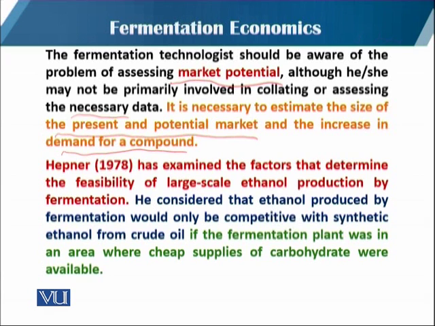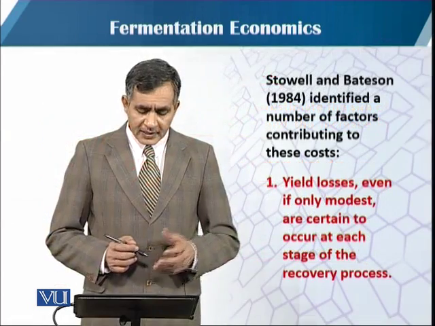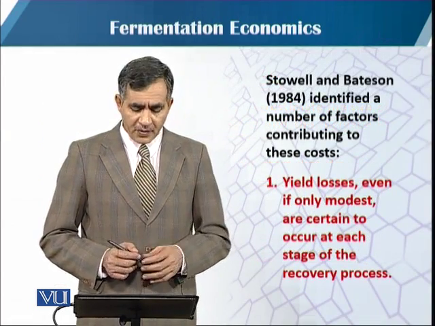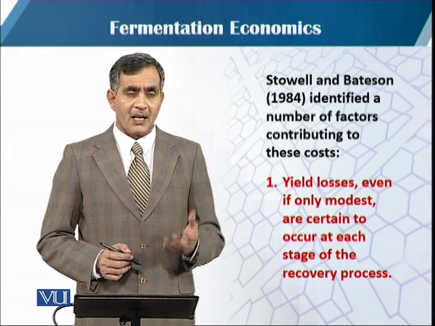Hepler in 1978 examined the factors that determined the feasibility of large-scale ethanol production by fermentation. He considered that ethanol produced by fermentation would only be competitive with synthetic ethanol from crude oil if the fermentation plant was in an area where cheap supplies of carbohydrates were available. Stowell and Beeston in 1984 identified a number of factors contributing to these costs.